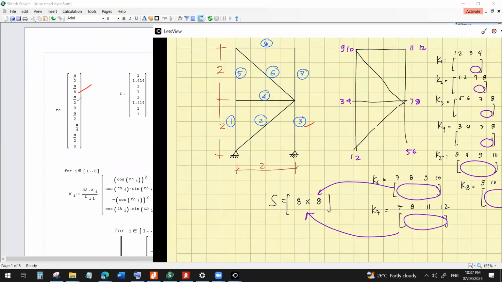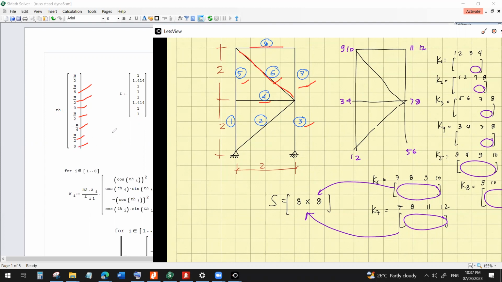Member 3, yeah, pi over 2. Member 4, 0. Member 5, again, pi over 2. Member 6 is negative pi over 4 kasi ganyan siya. No? Member 7, pi over 2 again. And then, member 8, 0.